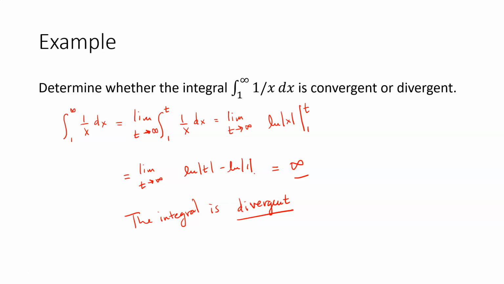Actually, what's interesting here is that if we compare this with the earlier example, we showed that the integral from 1 to infinity of 1 over x squared dx, which is the limit as t approaches infinity of the integral from 1 to t, when we evaluated that integral, we got 1 minus 1 over t, and we showed that this is equal to 1.